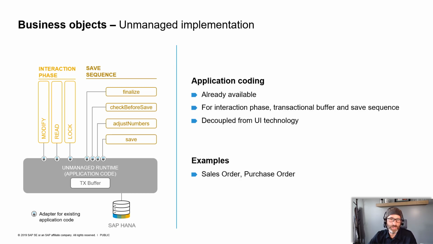In some cases, we may need to create some adapter classes in order to embed the code into the infrastructure. For example, say your existing code might use some function module or class methods that return messaging in a certain way.